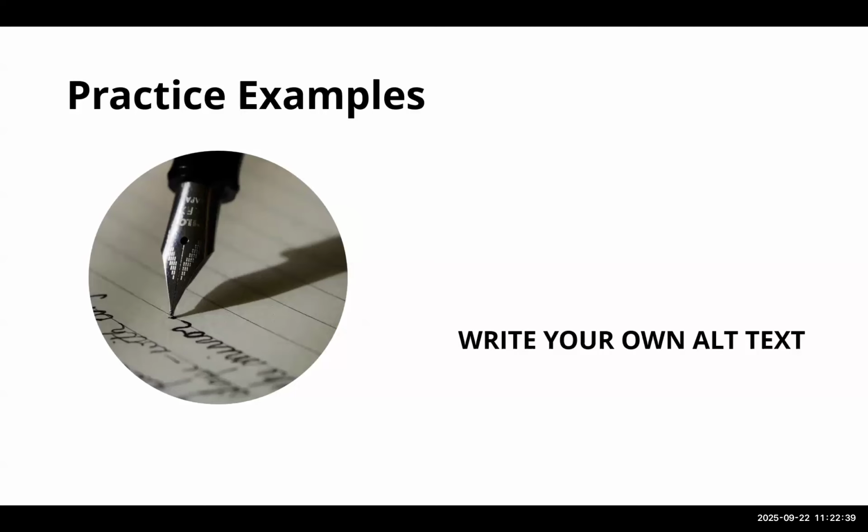Now it's your turn to try it out. We have talked through the basics of writing alt text and how context matters. So let's put that into practice with examples. In the next upcoming slides, you will see an image first with no alt text.